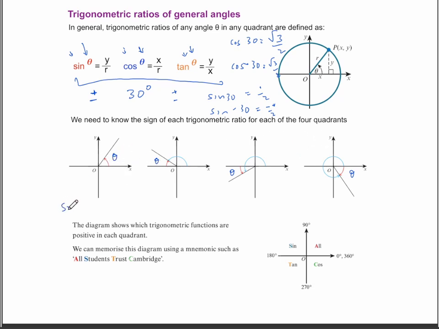So if sine theta here is either positive or negative 3 over 4, then sine theta here is also going to be positive or negative 3 over 4, and the same in the other quadrants. The magnitude stays the same. Same with cos theta, same with tan theta. The magnitude of that ratio stays the same.